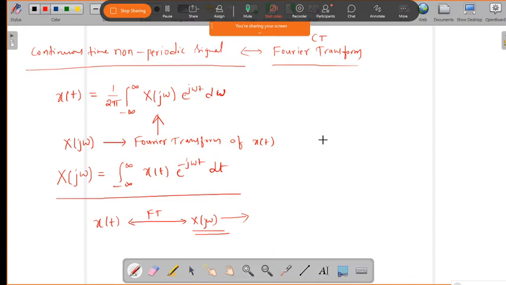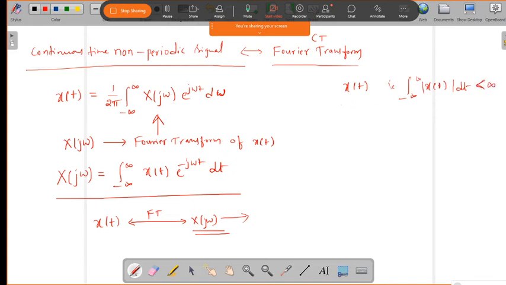Now in order to find the Fourier transform, or for the Fourier transform to exist for x of t, some conditions should be satisfied. What are those conditions? The first condition is that x of t is absolutely integrable, that is, the integral from minus infinity to plus infinity of the magnitude of x of t into dt should be less than infinity.